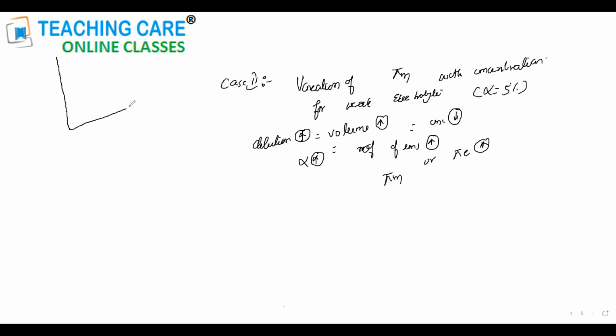If you draw the graph for molar conductivity versus square root of concentration, this is for formic acid and this is for acetic acid.